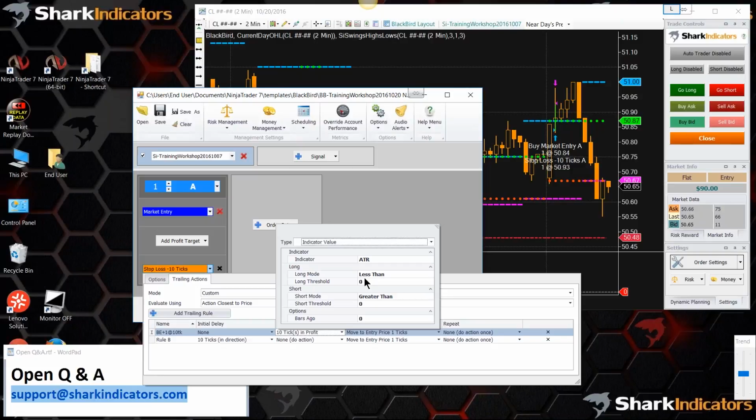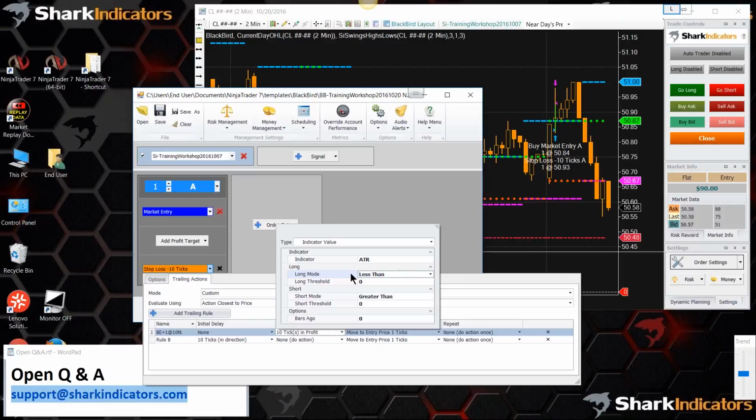That's what Bloodhound is designed for, to get really sophisticated with indicator logic. But in BlackBird, we can have at least some basic stuff here. If you've got an indicator, you could look for your indicator to be less than some value, equal to some value, or greater than some value, right?